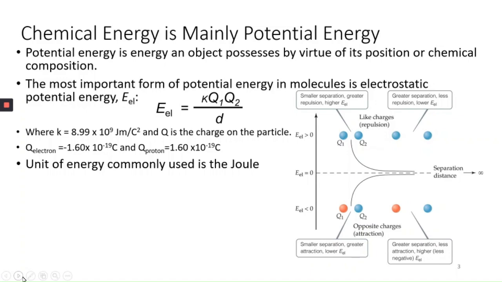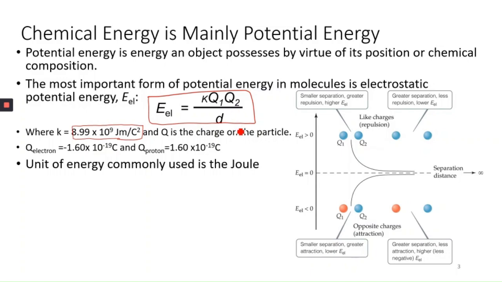So let's talk about chemical energy, because that's what we're going to mainly focus on. And it's mainly potential energy that is due to the electrostatic either attraction or repulsion of the particles. So the electrostatic potential energy is defined by this equation right here, where K is a constant, which I gave you right here. It's 8.9 times 10 to the 9 joules times meter divided by coulomb squared.